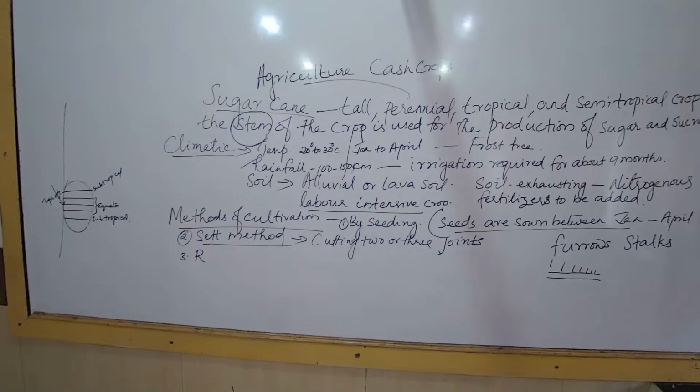It is not that only one plant has to be grown. From the nodes, it will grow. That is why it is planted horizontally. Got it? Now the third method is ratoon cropping.